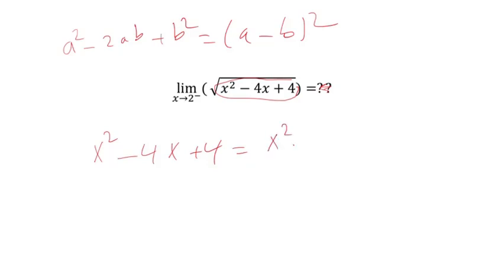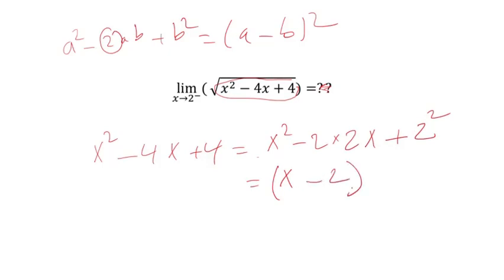So x squared minus, I have 2 here, so I'm going to do 2 times something that will give me 4x, so that's 2x, plus 4, which is just 2 squared. So I notice that my a is x and b is 2. So this here can be written as the limit of square root of x minus 2 squared.